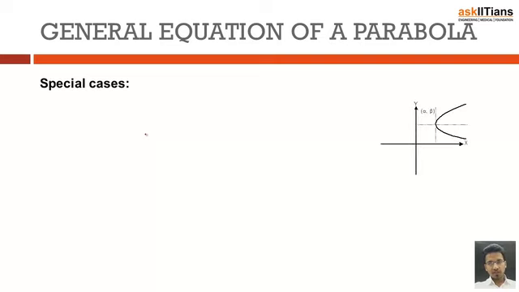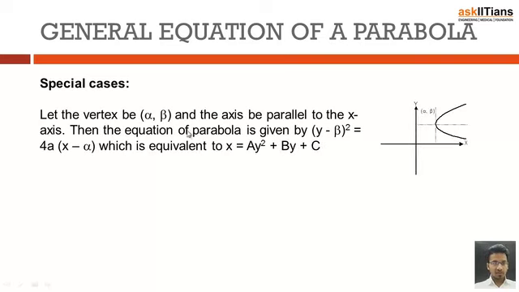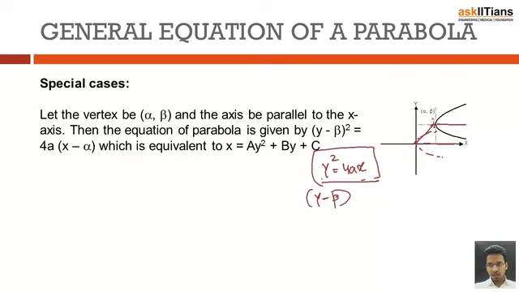Now some special cases for the general equation. This is the first case. In this, instead of tilting, we have made the axis parallel to the x-axis. That's the only thing. If we have studied the concept of shifting the origin, we have just moved the vertex here, and if we compare it with y squared equals 4ax, the equation just becomes (y minus beta) squared equals 4a times (x minus alpha), if this point represents (alpha, beta).